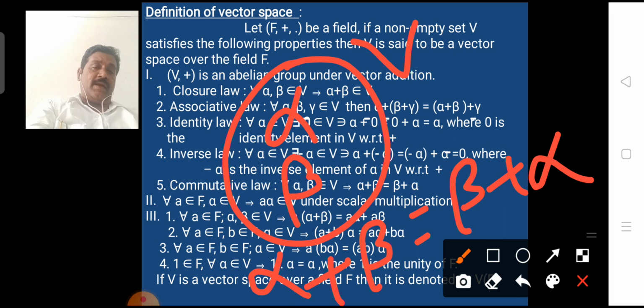Then V is commutative with respect to vector addition. From these 5 laws, they are closure law, associative law, identity law, inverse law, commutative law, we call (V, +) an abelian group under vector addition.